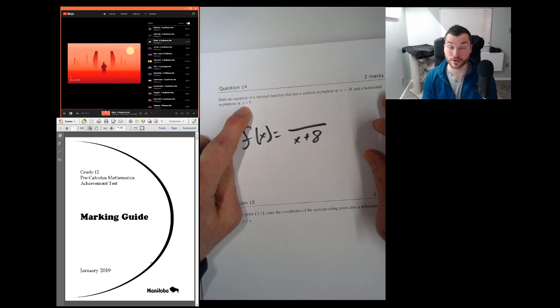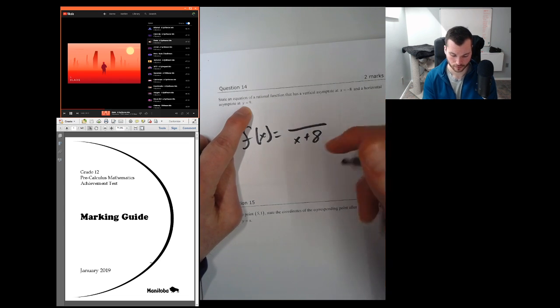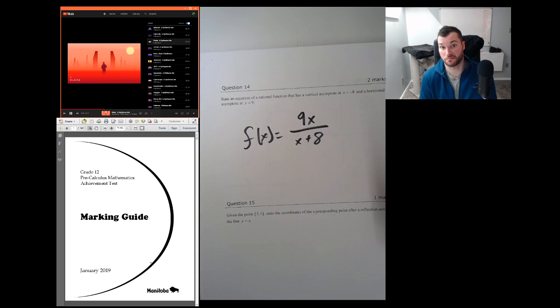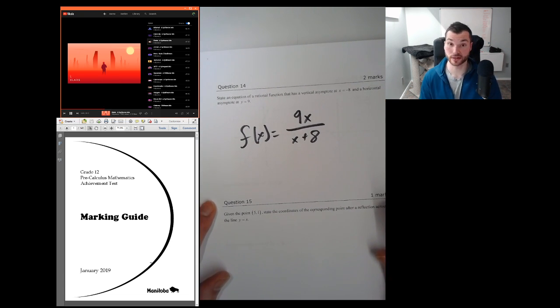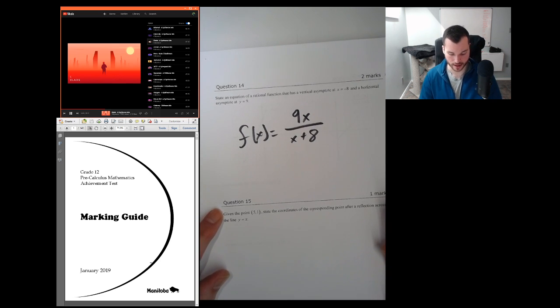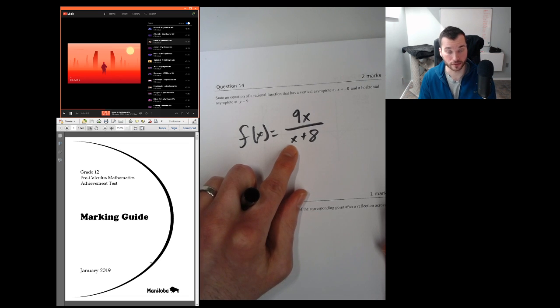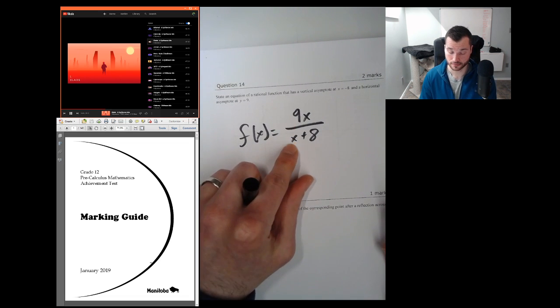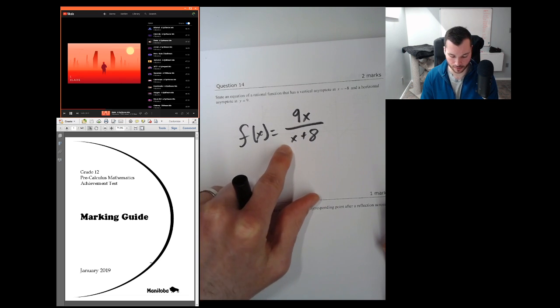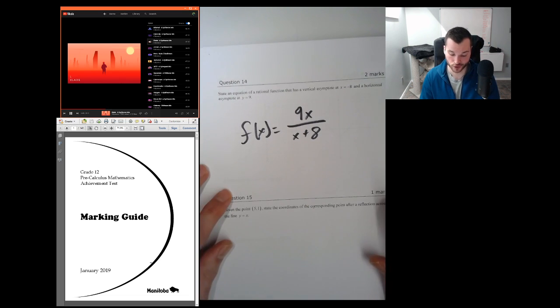Well, then I need to make their degrees the same. Right? Yeah, that would be what we have to do. That's it. There's no point of discontinuity because I can't factor anything, right? It's got a vertical asymptote, x is equal to -8, because I can't factor it out. The degrees are the same, so I have to divide leading coefficients. 9 divided by 1 is 9. 2 marks. That's it.